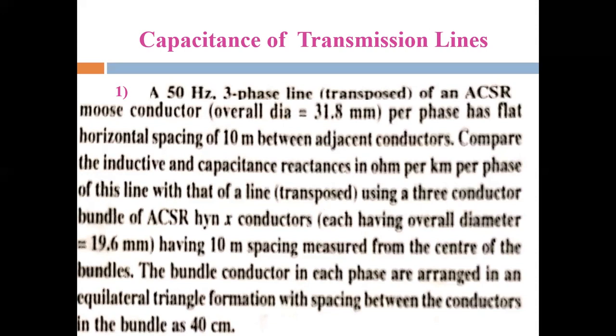We are taking transposed conductors of ACSR, with an overall diameter of 31.8 mm per phase, and a flat horizontal spacing of 100 meters between the adjacent conductors.